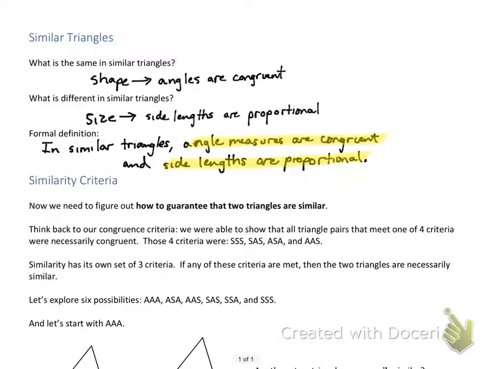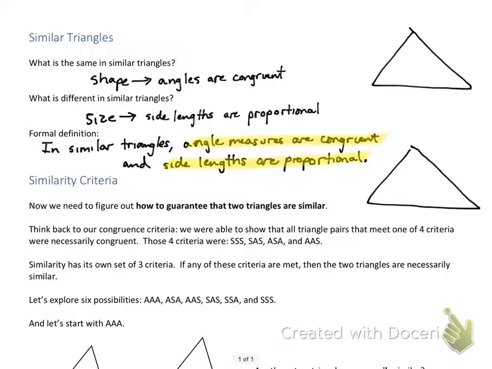They had congruence criteria. Now, if you read this astutely, you can find them again, but can anyone name one of the congruence criteria? Side, side, side. There we are. So, if I'm just going to draw a couple triangles up here that are congruent. If I've got two congruent triangles, that means all the sides are congruent, if it meets side, side, side criteria.